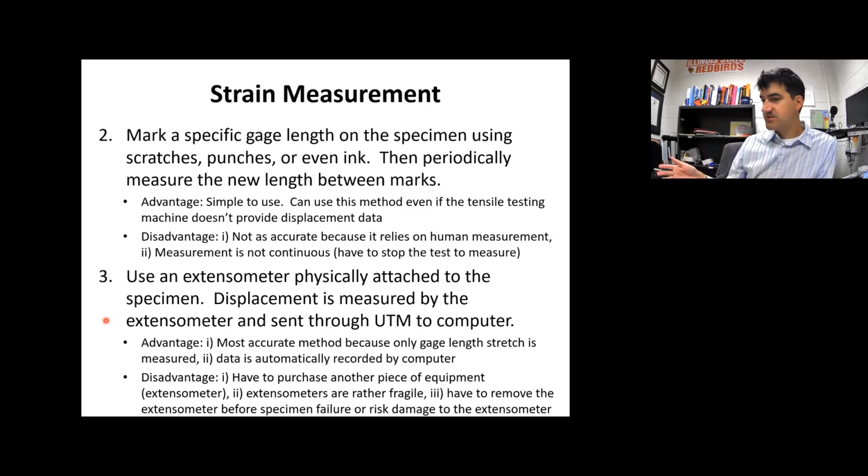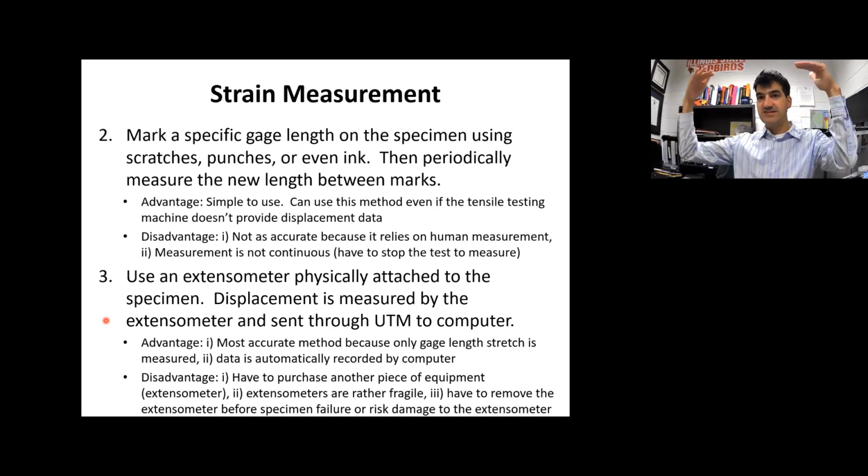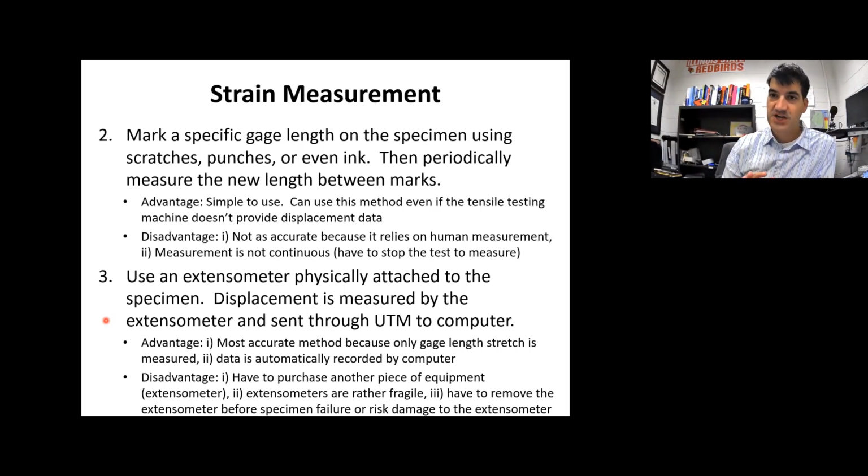So we'll talk about this when we talk about the next lab, but what we're going to do is attach the extensometer to the specimen, and then run the test up to a certain point, and then remove the extensometer, and then continue the test using the first method that I talked about before, which is the moving crosshead method of measuring the change in length of the specimen. All right. If that's not quite clear yet, don't worry. We'll talk about that when we talk about doing lab 4.